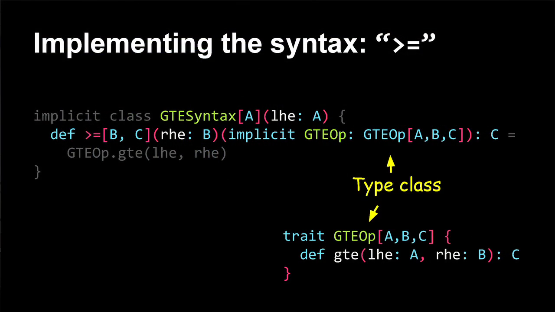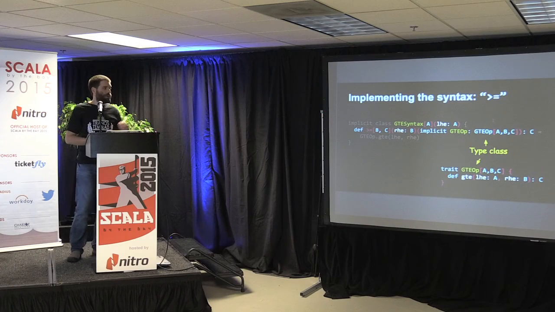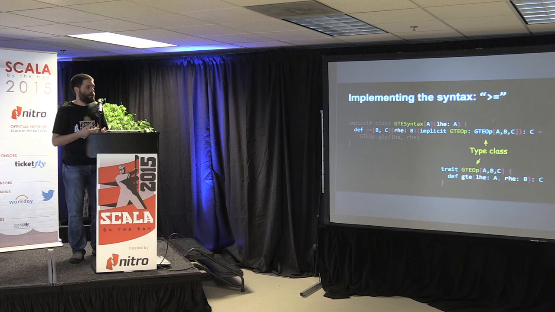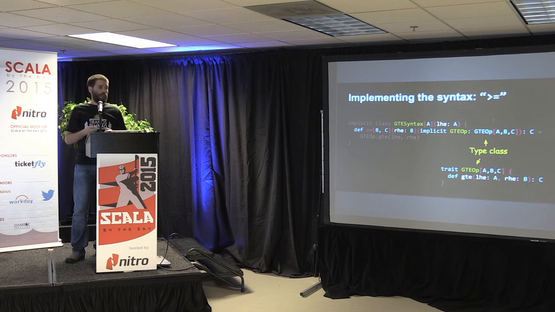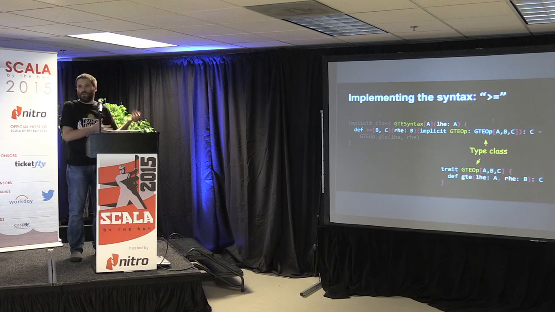So instead, what we do is ask for some implicit instance of a trait that represents our operator. Here we have this trait GTEOp, which has three type parameters and defines a method gte, which will have the implementation of the greater than or equals operator for this combination of types. So this trait is working as a type class.